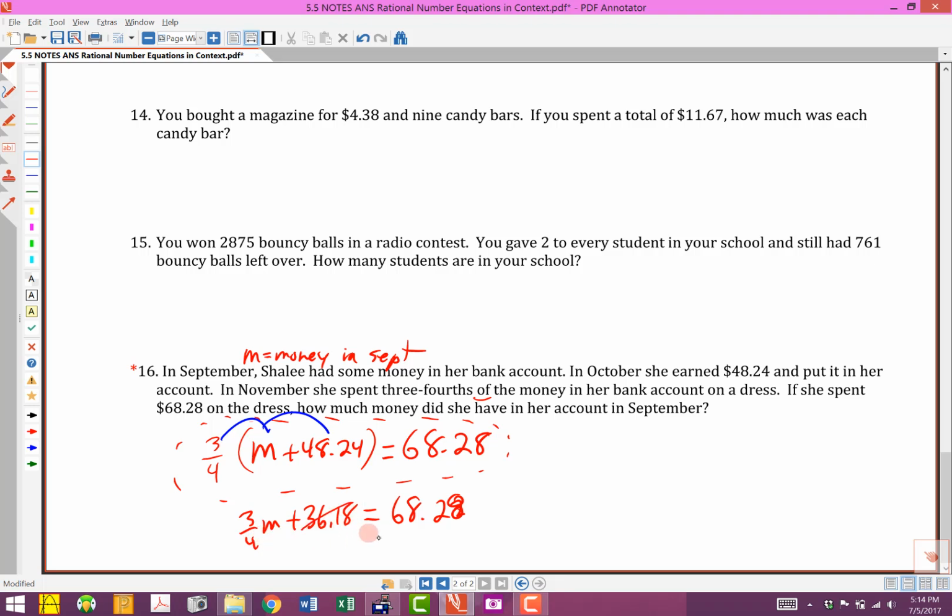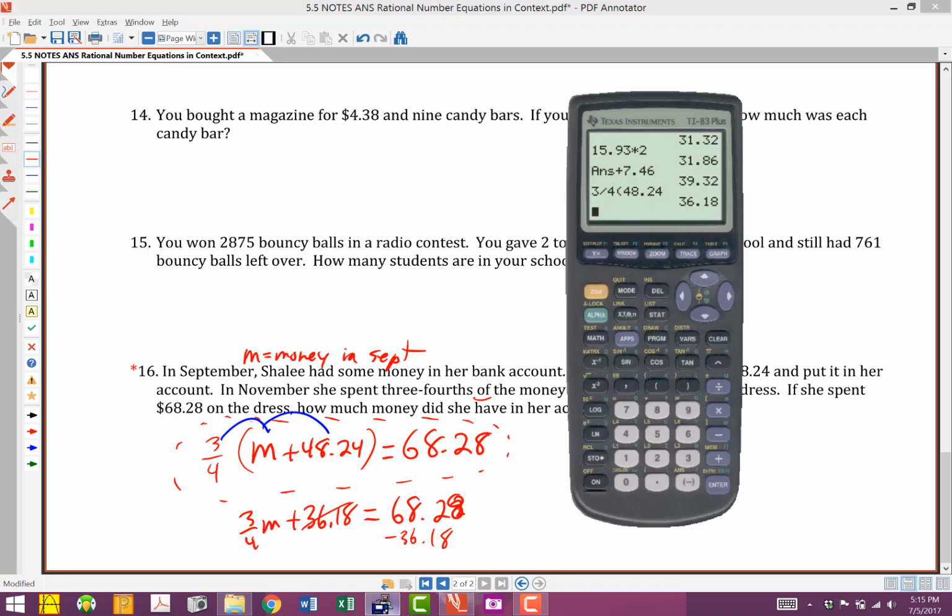So we're going to subtract 36.18 from both sides. 68.28 minus 36.18 is going to give us, oh, wait just a minute. This should be 68.28.